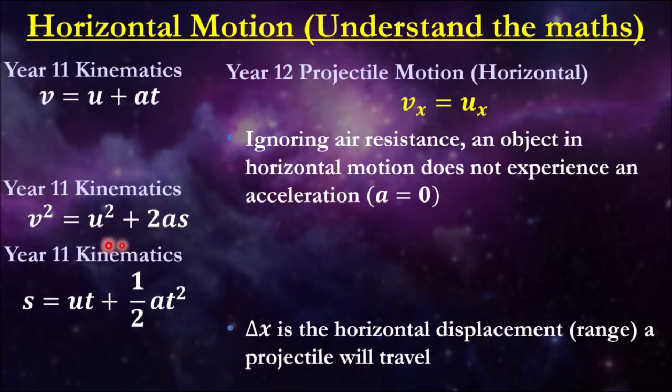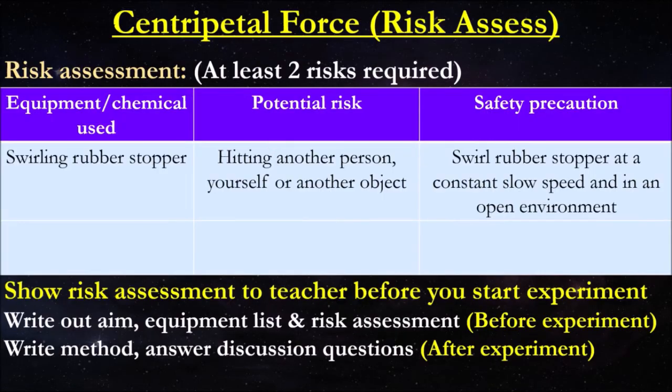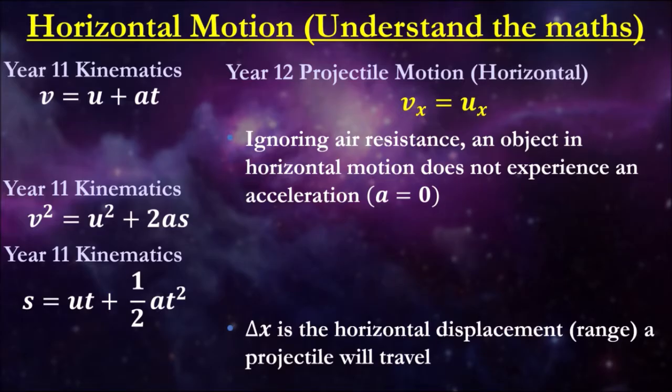In the second equation we have, again, acceleration is not considered, so we actually just end up rewriting the equation like so, which essentially means the same thing as what we wrote up there as well.